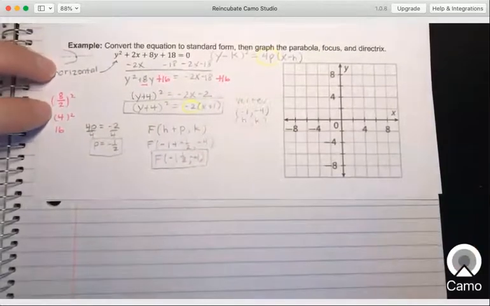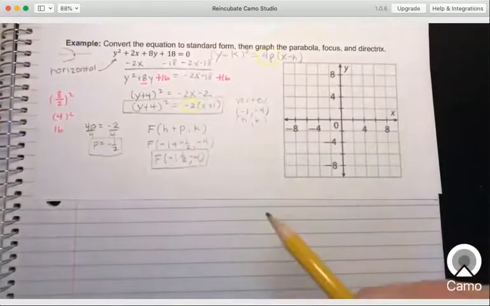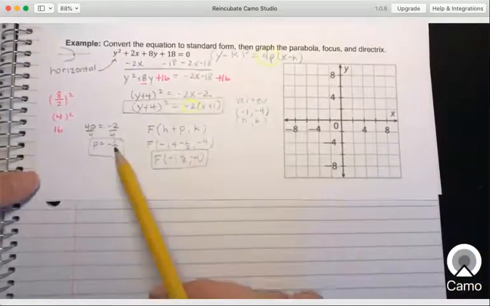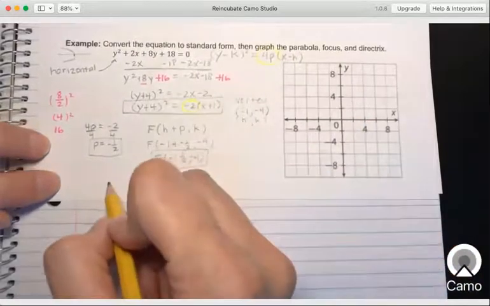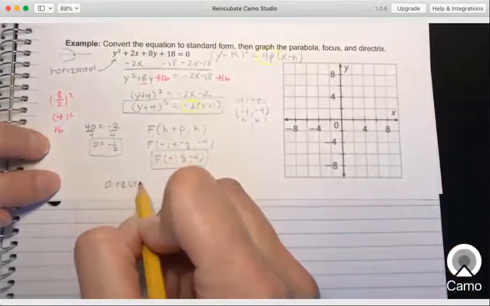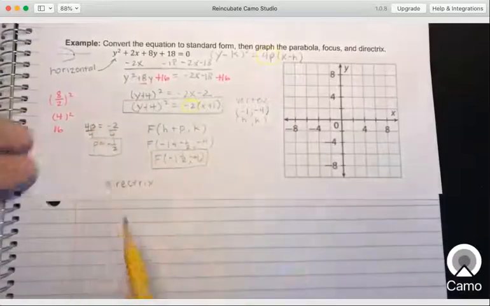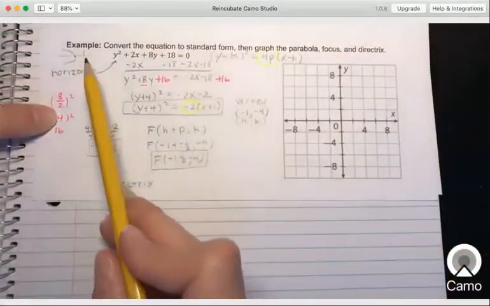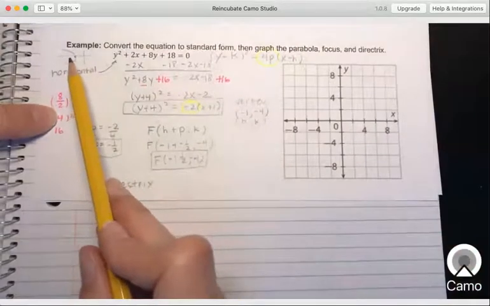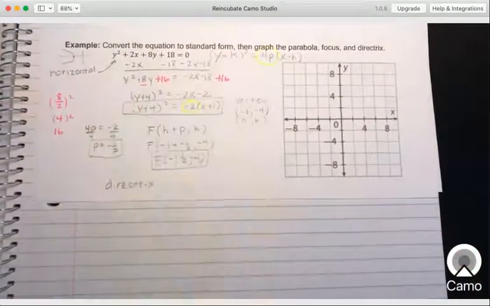All right, so now we have our focus, we have p, we have h and k, so we have to find our directrix. So our directrix is going to be a vertical line. And we know that if we added p to get to our focus, we're going to subtract p to get to our directrix.